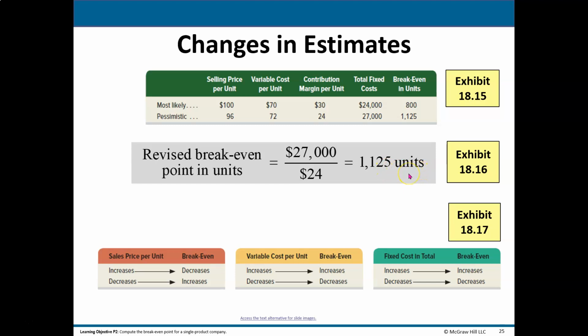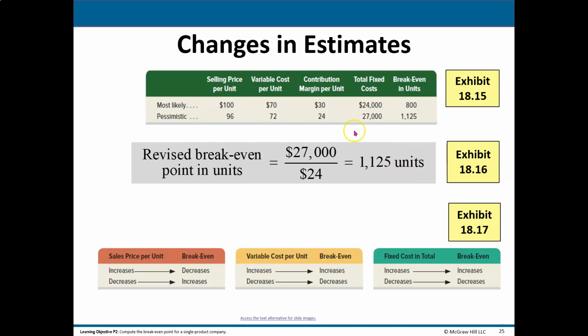So we can take into account changes in estimates, whether economic indicators or different things like that, to see what would happen under different situations.